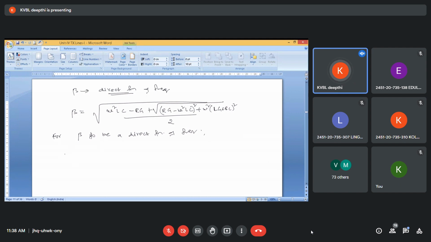What is the term we will equate? RG minus omega square LC whole square plus omega square into LG plus RC whole square is equal to RG plus omega square LC whole square, we will prove. That means this term is equal to this term, we have to prove. If this condition gets satisfied only, we will be getting the equation here.